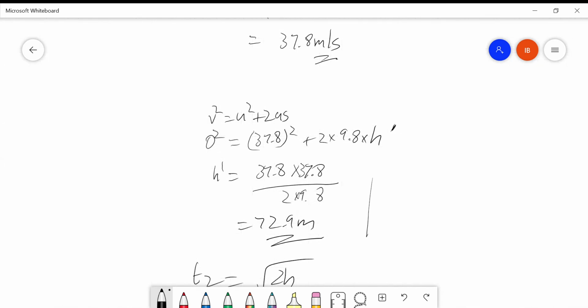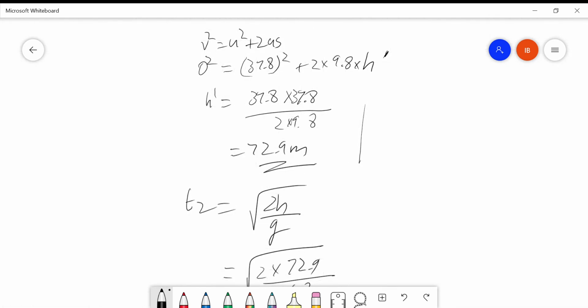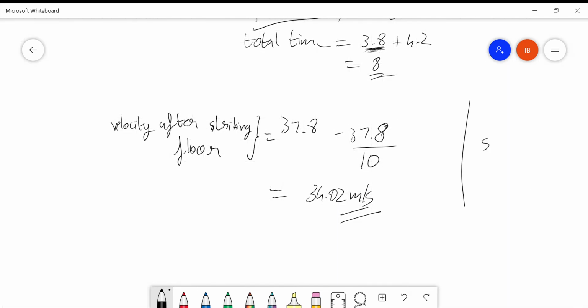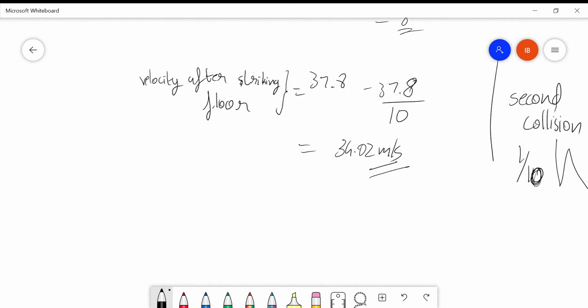Whatever we did here, we are just repeating. This is for the first collision. Whatever we are doing here is for the second collision. Because it loses 1/10 of its velocity, with reduction of velocity, the time it takes to reach the ground will also reduce. Therefore, with reduction of velocity, time will also reduce.